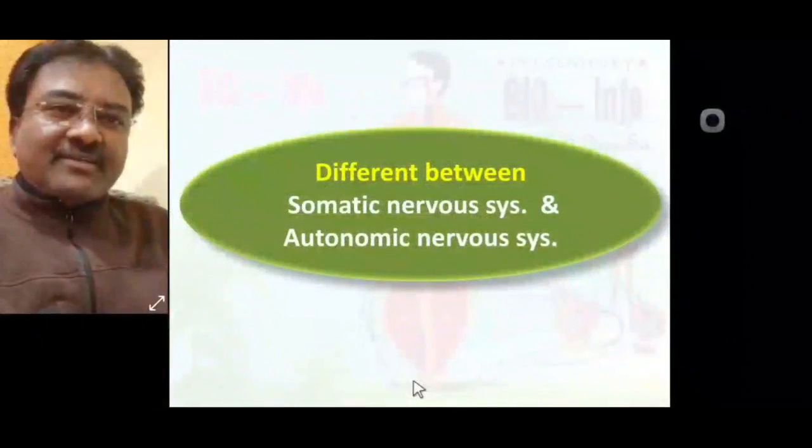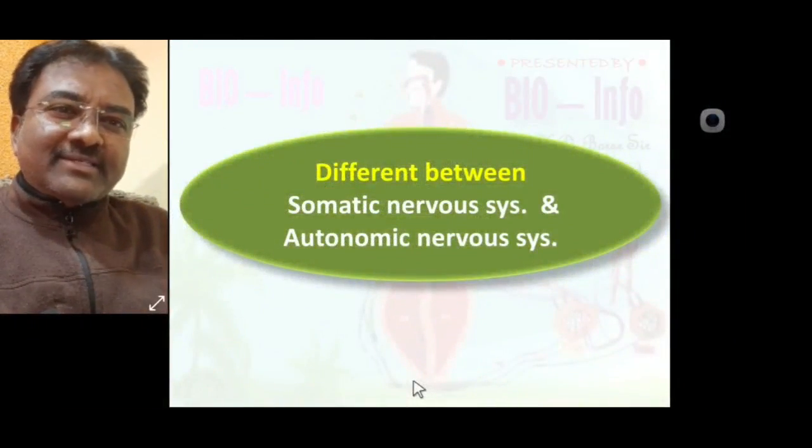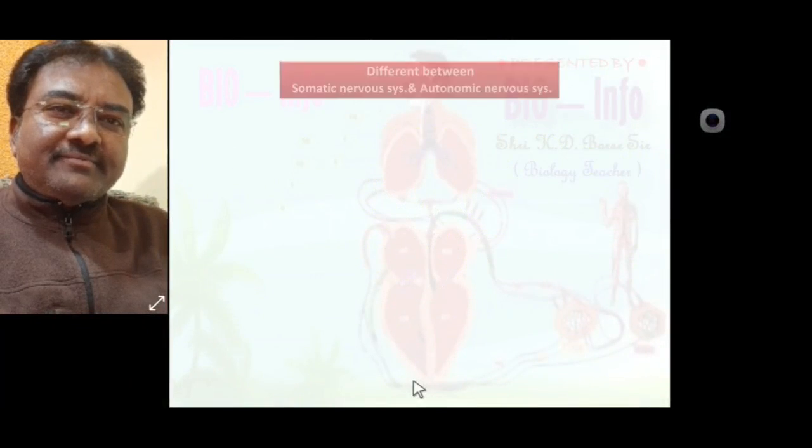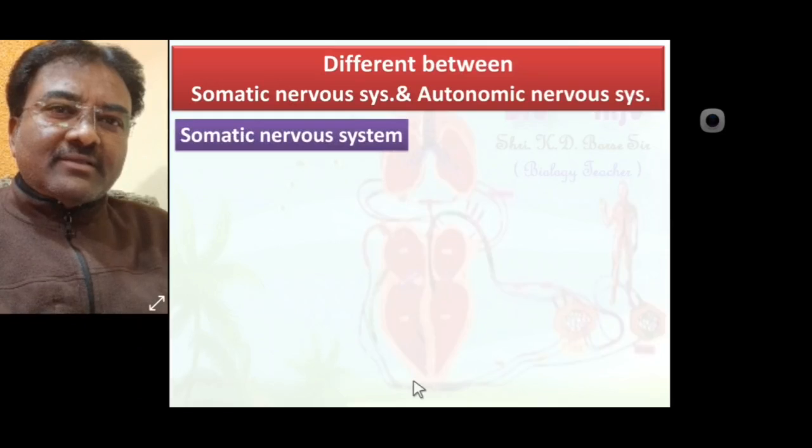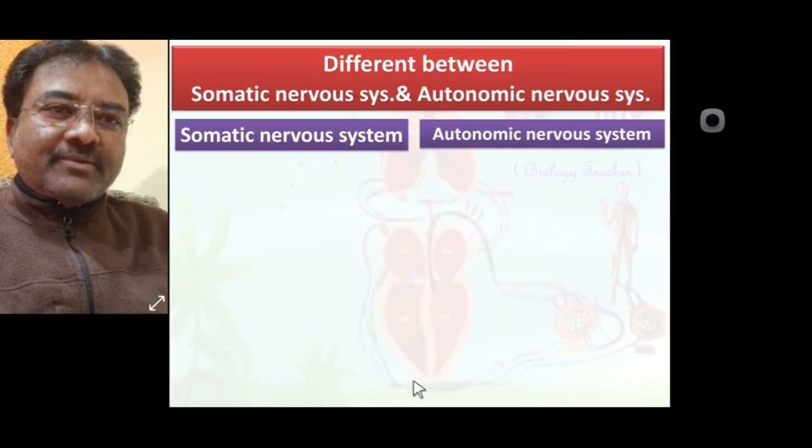So we learn the difference between the somatic nervous system and the autonomic nervous system.